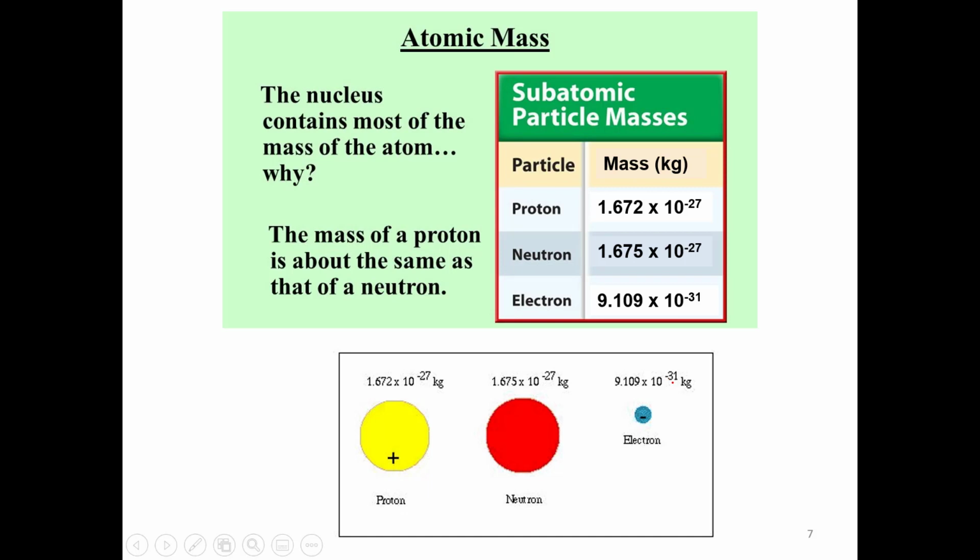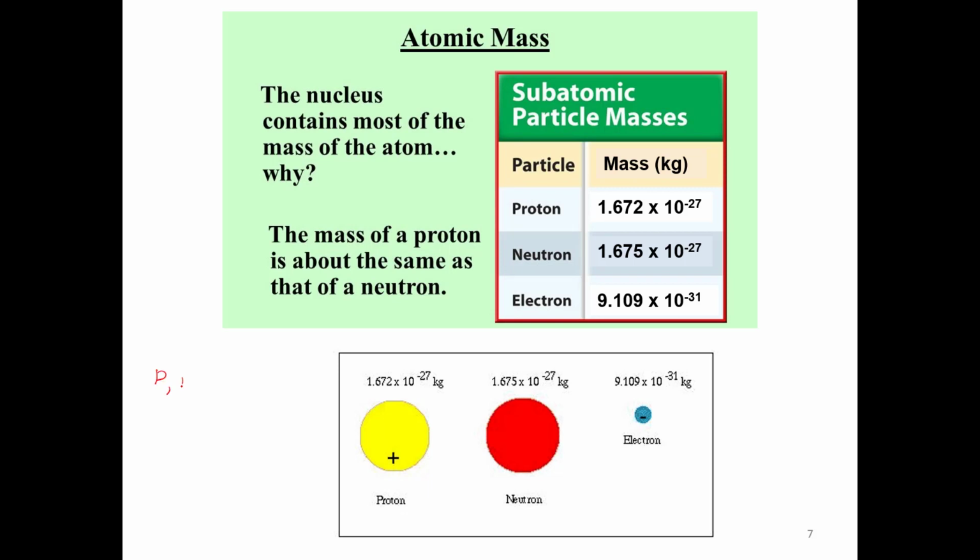Then it's 4 orders of magnitude smaller than the mass of the proton or the neutron. And in this case, we can do some comparison.